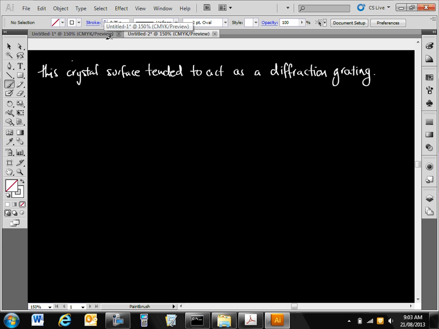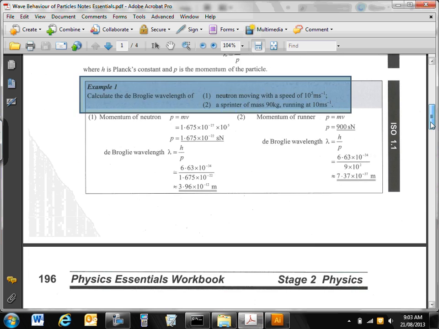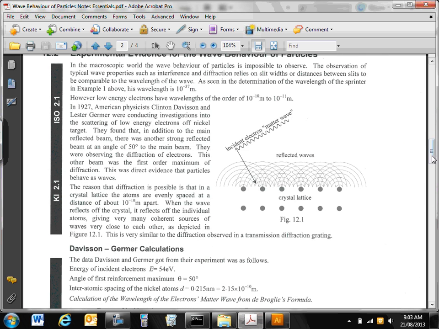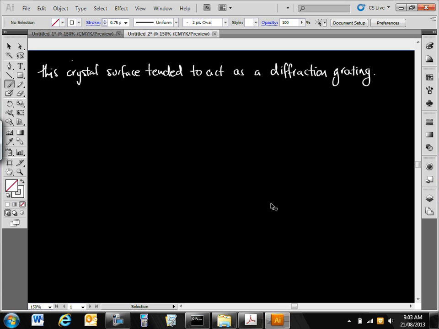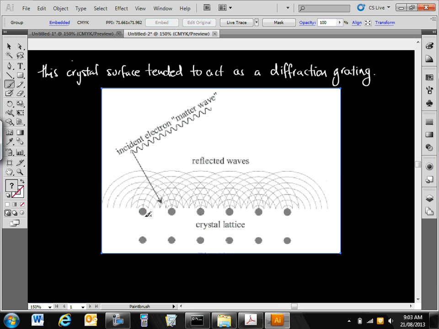One thing that's different, I'll just get a picture out of our text. This is what they found. Why was this interesting? Here's our crystal lattice, this nickel crystal lattice. The incident electron matter wave.